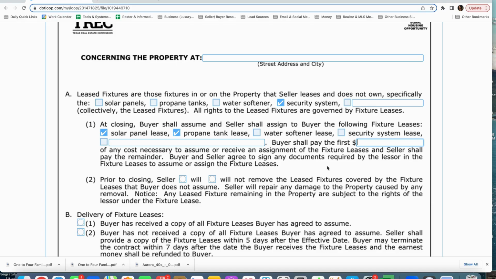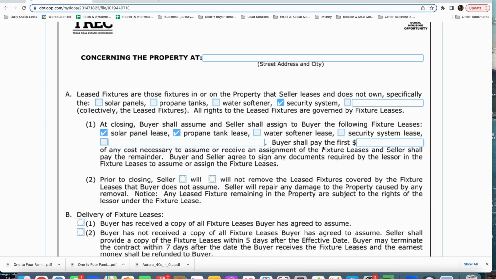Say, for example, if it's a propane tank that's being leased, you contact the company that you have the lease with, or look at your agreement and let them know, hey, I'm going to be moving. I need to transfer ownership of this. They usually may have a transfer fee or something associated with it. You'll find that out, and maybe between you and the listing agent, you will negotiate who will pay for the transfer of it.